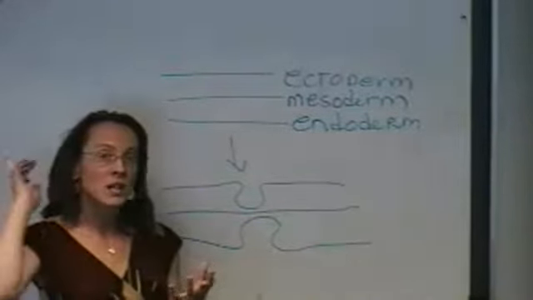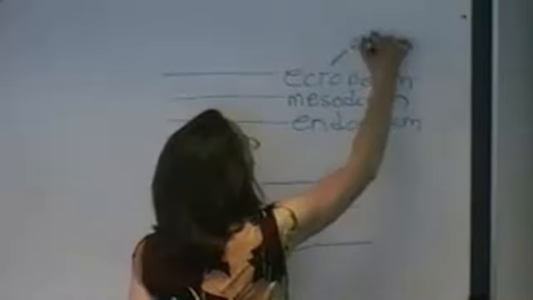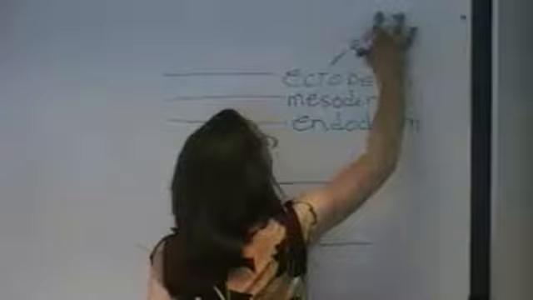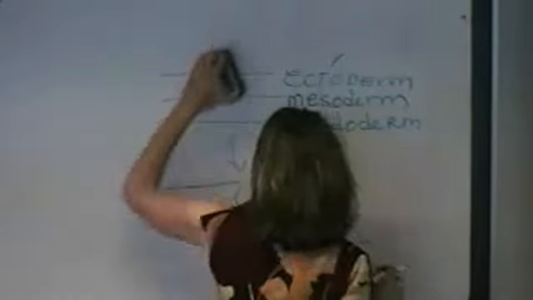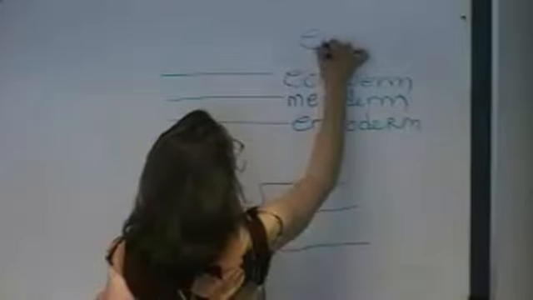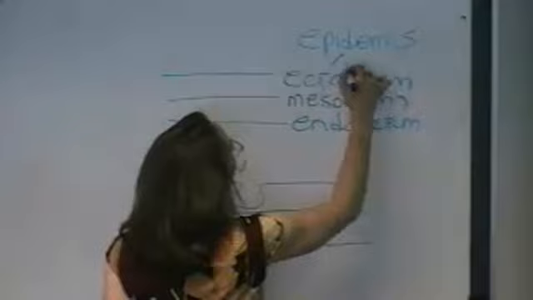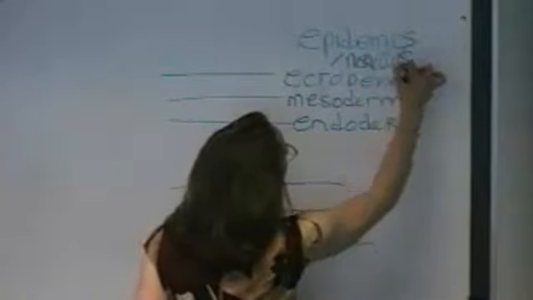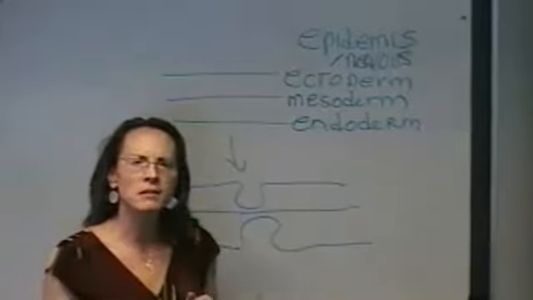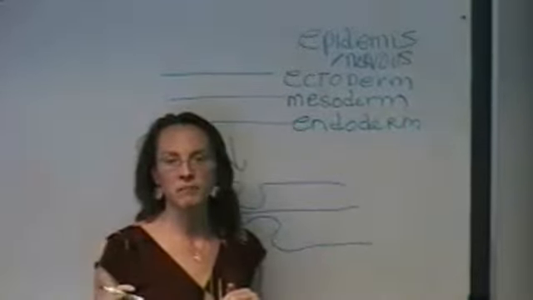The ectoderm is going to, in general, form the epidermis. Here, let me do that a little bit neater. Okay, so ectoderm, epidermis, and nervous system. Okay. So the ectoderm is going to form the epidermis and the nervous system.